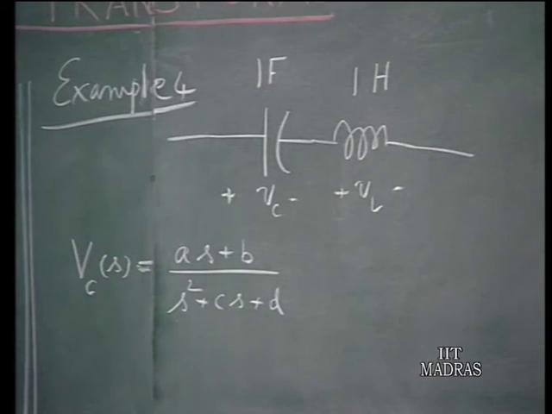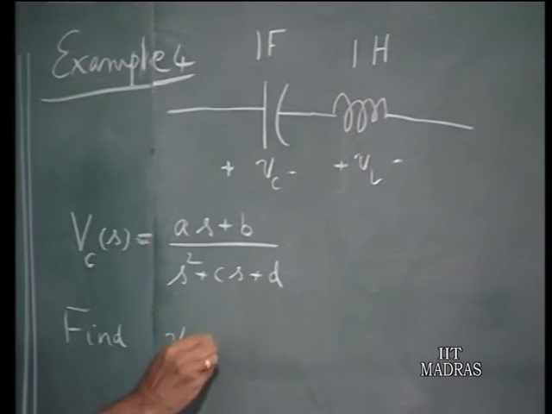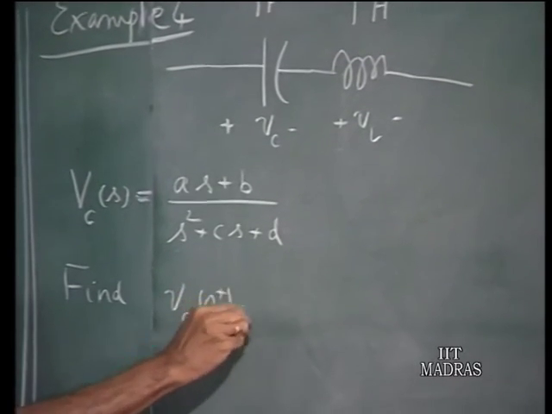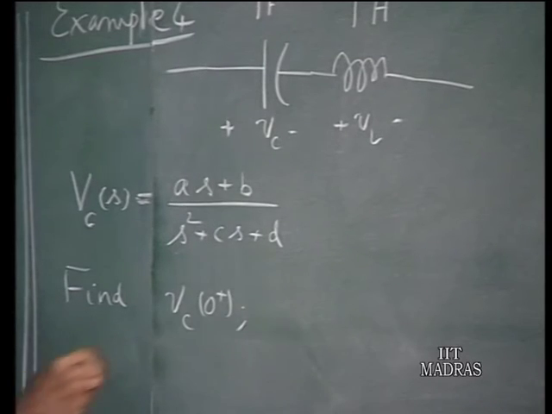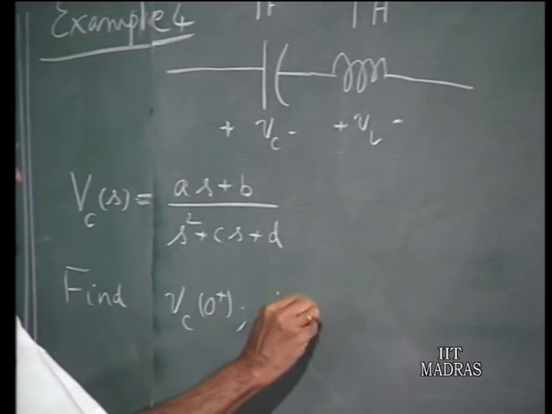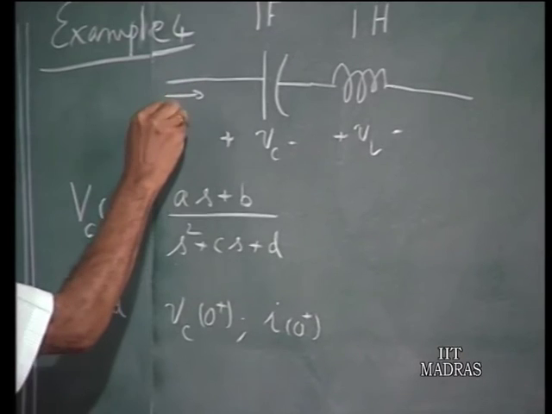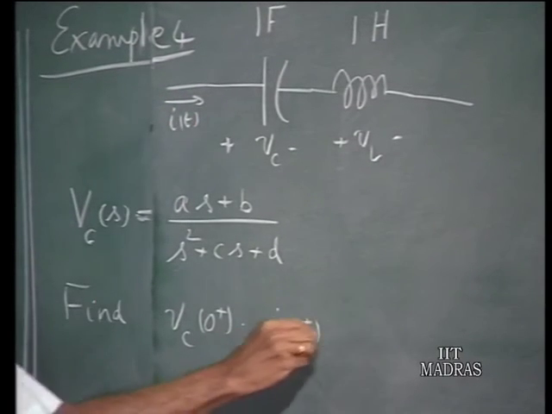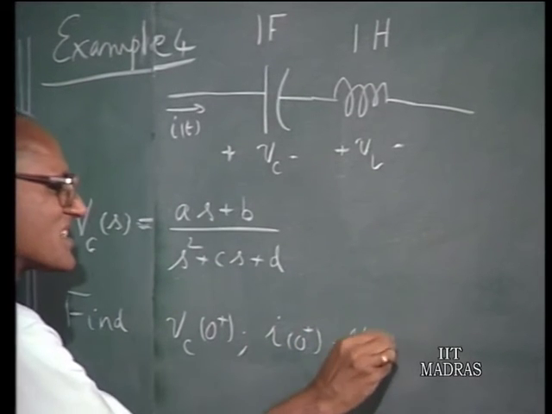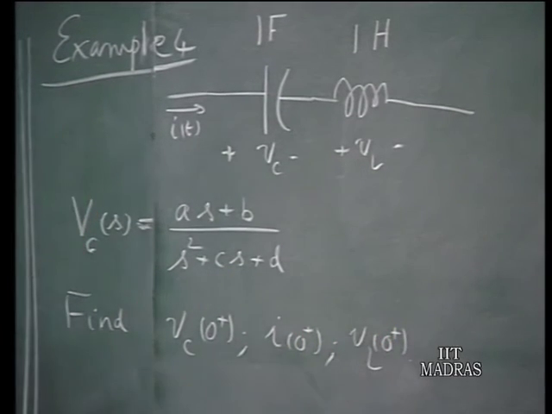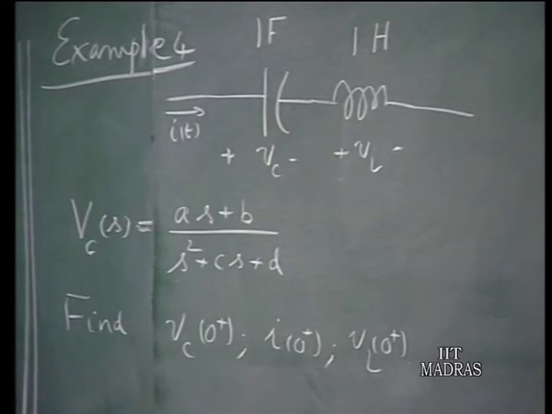Using this information, we are asked to find V c 0 plus, the voltage of the capacitor immediately after 0, the current in the circuit at 0 plus, this is the current I t, and the voltage across the inductance at 0 plus. These are the three quantities that are required to be found out, right.